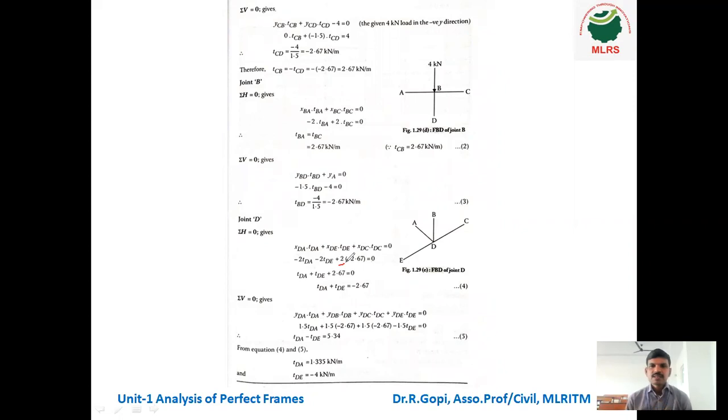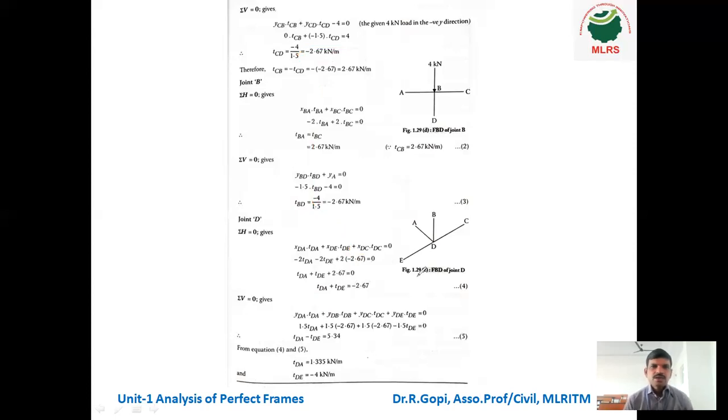Right side means plus, left side means minus. So plus 2 into TDC. TDC value we already calculated. How much? Minus 2.67. You can see here minus 2.67. So the same thing we have to put here. This value we have to provide here.